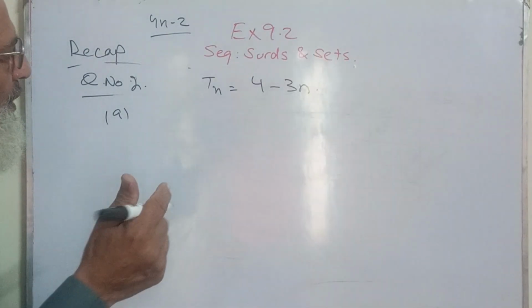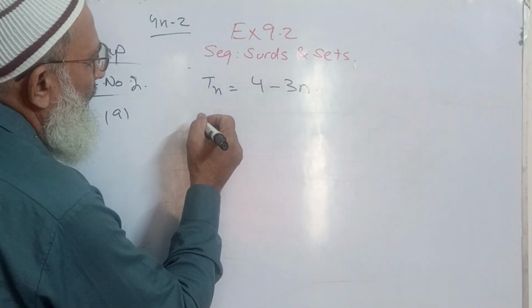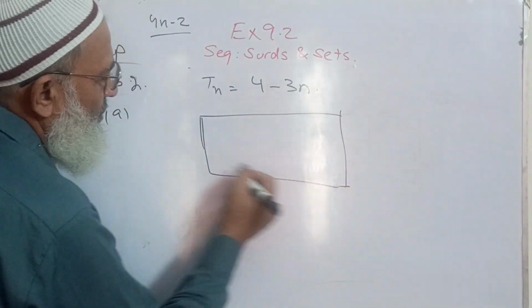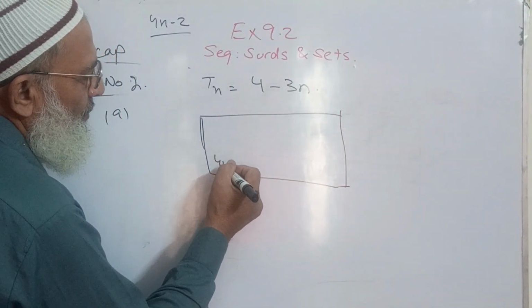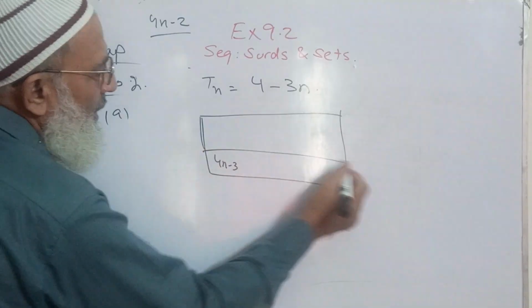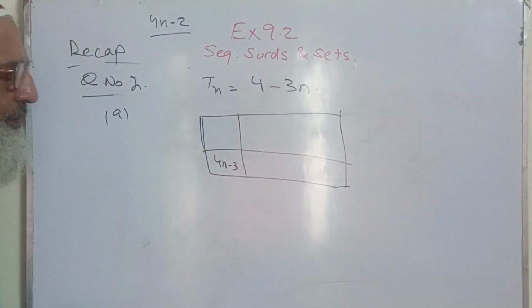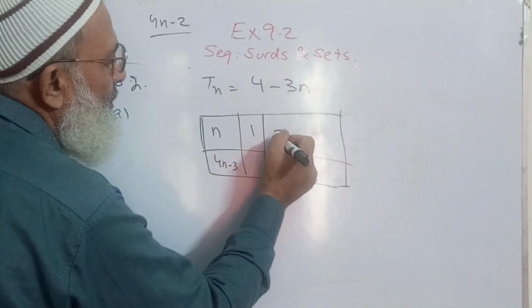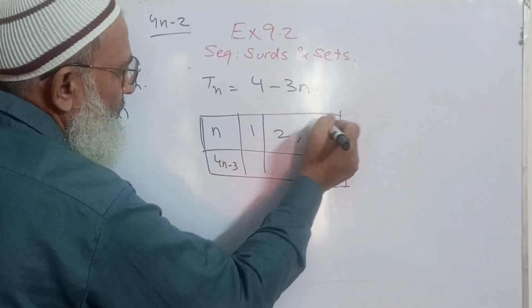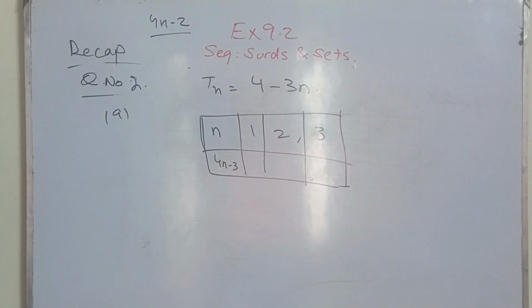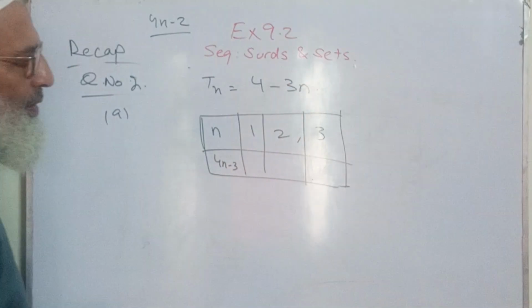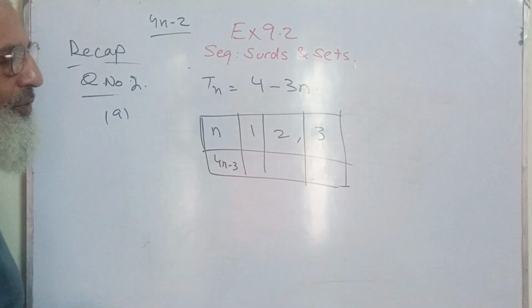We have to find the first three terms, for n equal to 1, 2, 3. Suppose our formula is 4 minus 3n. If n is 1, put n as 1 here.